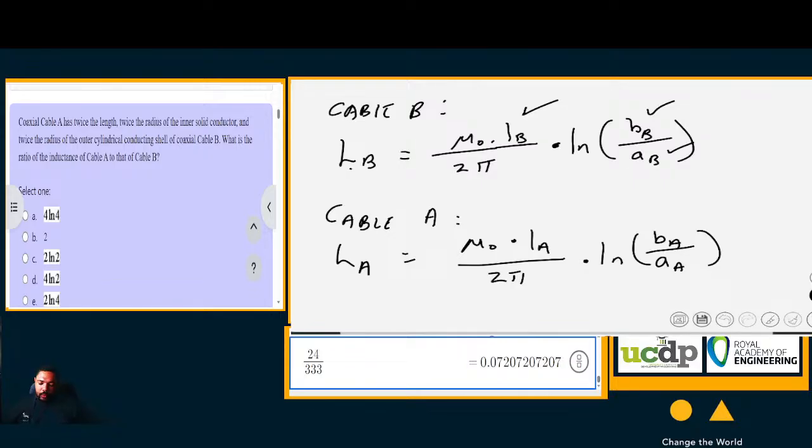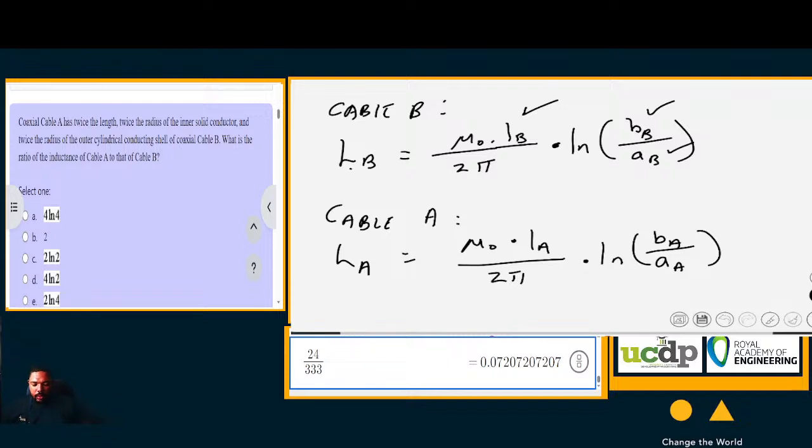Okay. They tell us there that cable A, so let's just divide this by this. Now, what do we know?